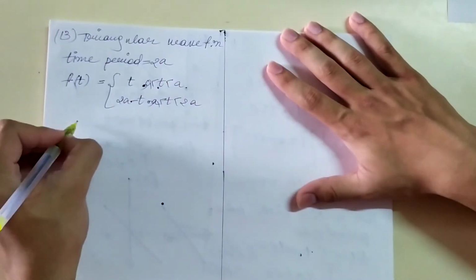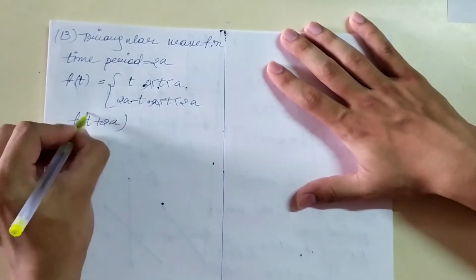And since the time period is 2a, f of t plus 2a is f(t).